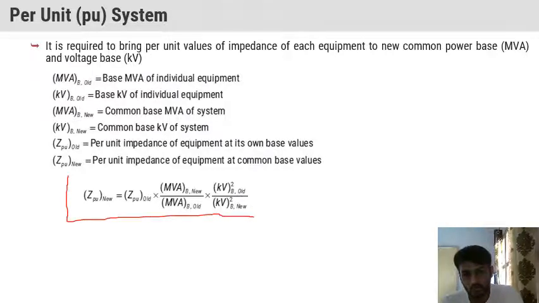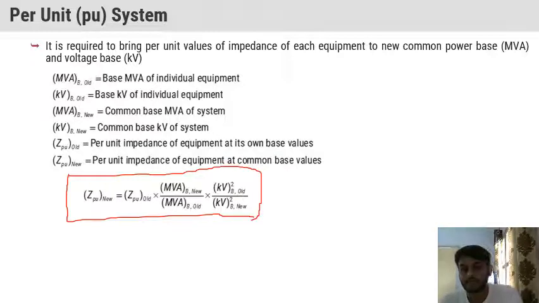Okay, so remember this formula. Keep in mind that Z per unit new is equal to Z per unit old into MVA base new by old, and KV base old by new. Okay, so don't get confused about whether new is upper or lower.